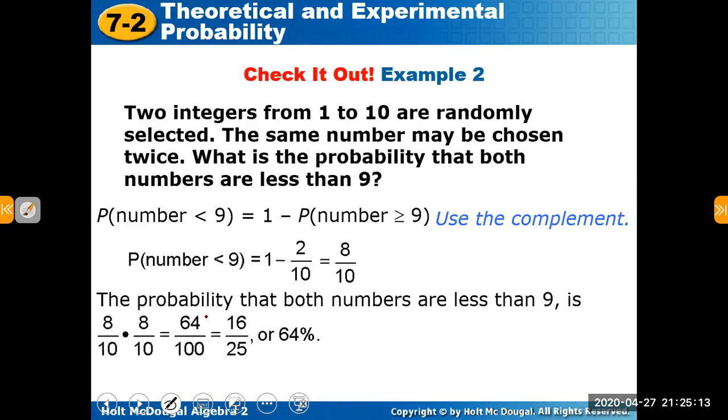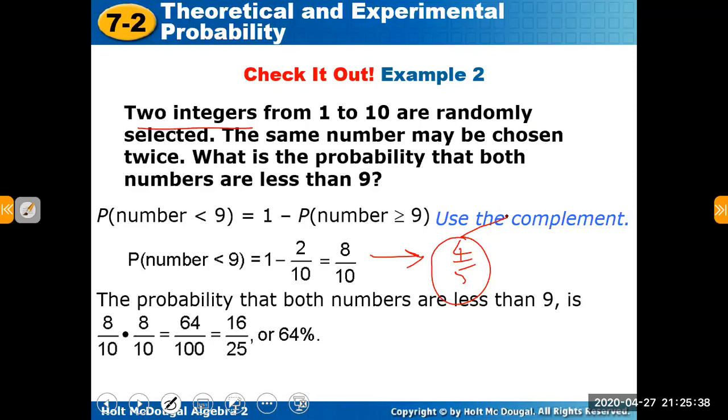So for one number, for one integer, it is 8 out of 10, or we can say 4 over 5. Okay, that's for one number. Now there are two integers. So for getting the total probability, I need to multiply their individual probabilities. So probability of one number is 4 over 5.